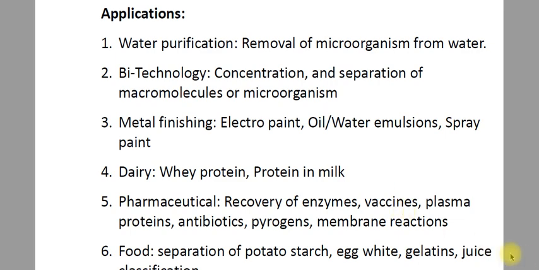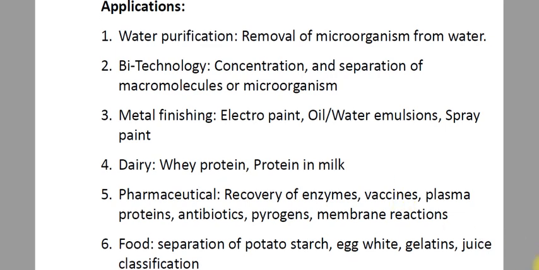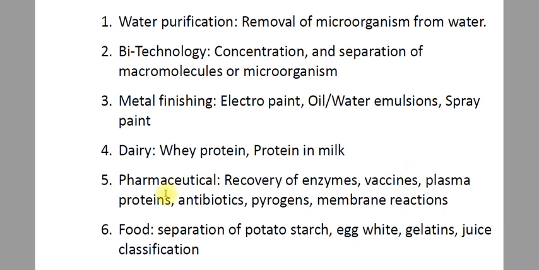In the pharmaceutical industry, it is used for recovery of enzymes, vaccines, plasma proteins, antibiotics and pathogens, and we can also use ultrafiltration in membrane reactors. As I explained in the previous class, in the membrane reactor you can use membrane based processes. Ultrafiltration membranes are used to separate the feed stream reactant from the reactor, or the product from the reactor.